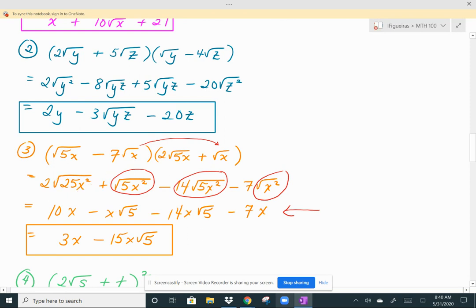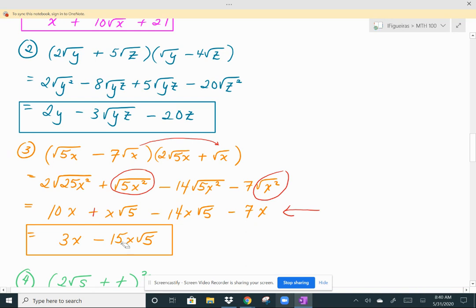That comes out. Sorry, this is a plus. Do I have the right sign? First, outer, inner. So this one here should be a plus. And then the third term, the square root of x squared is x, so our third term is minus 14x squared.